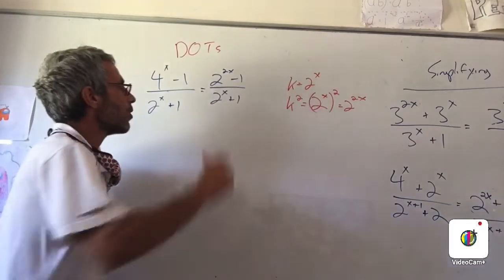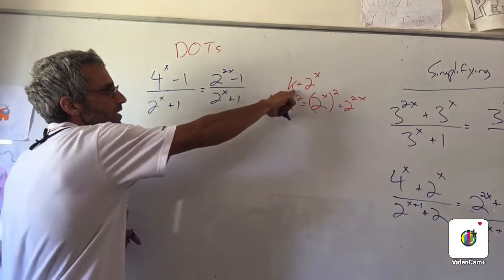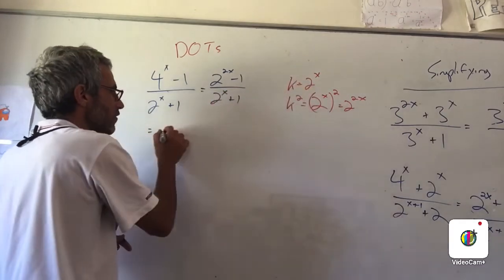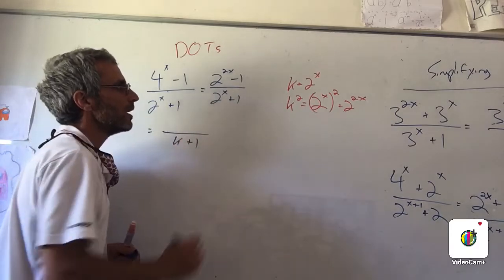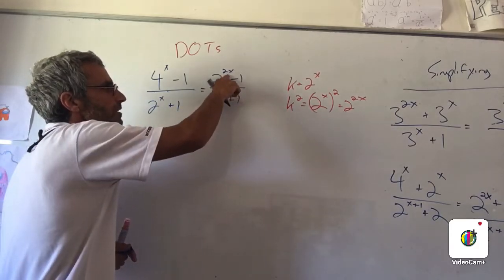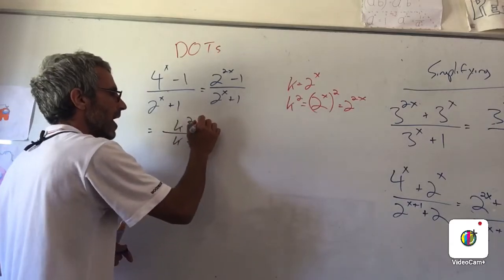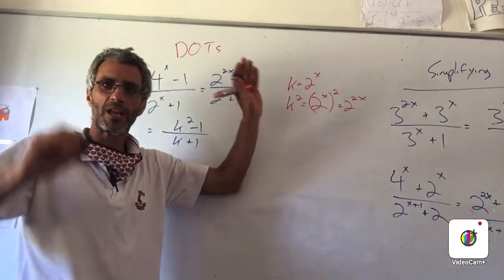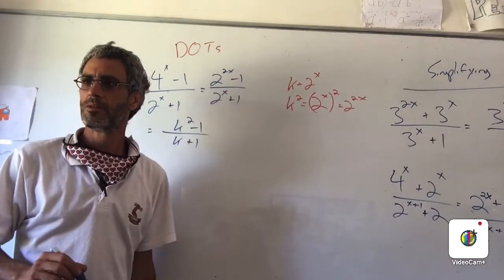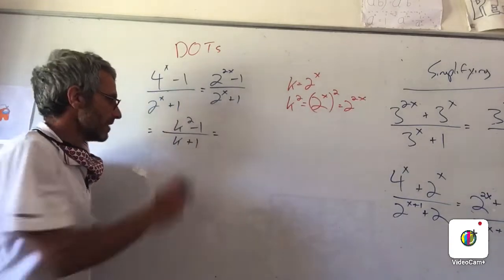Now, we're going to rewrite this using the K. So instead of 2 to the power of x, I'm going to write K plus 1. Instead of 2 to the power of 2x, what should I write? K squared. K squared minus 1. I could have not used this, but I think it will confuse you a bit. Now it's very clear.